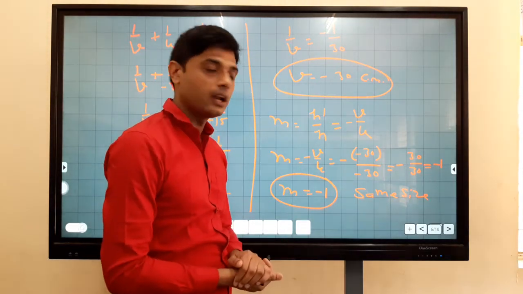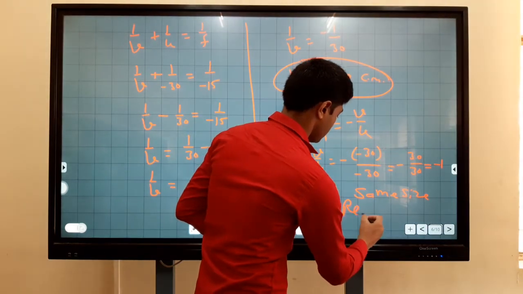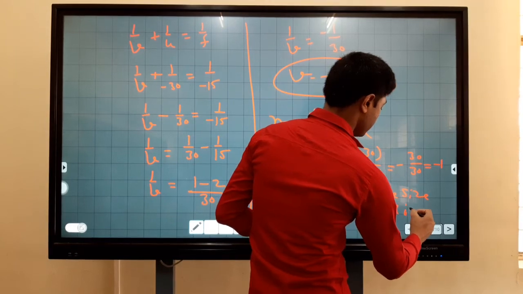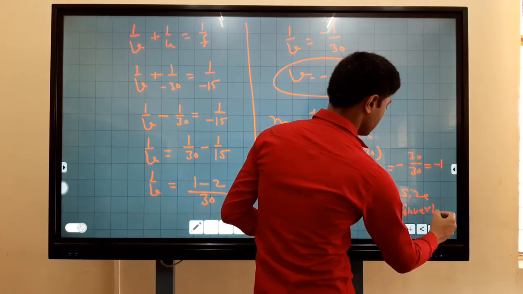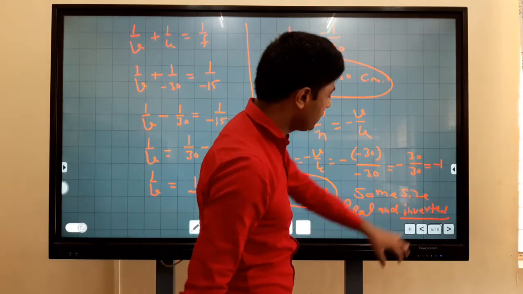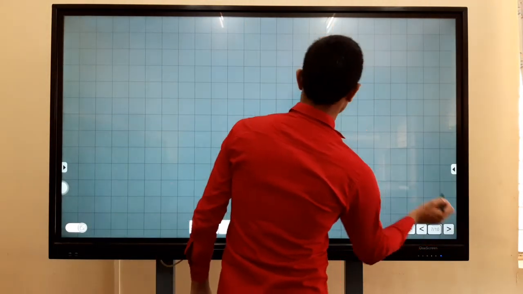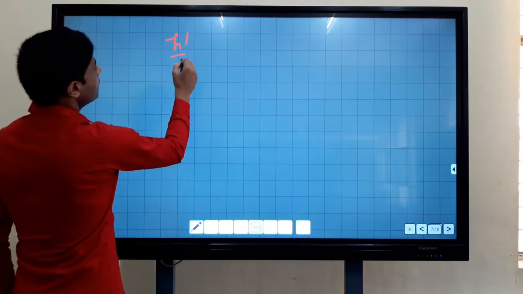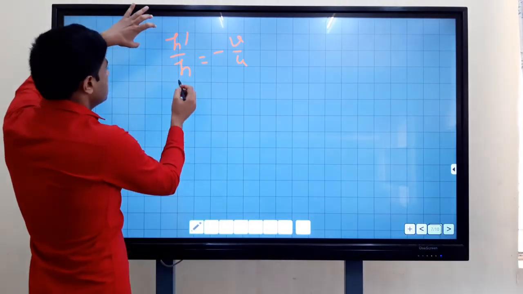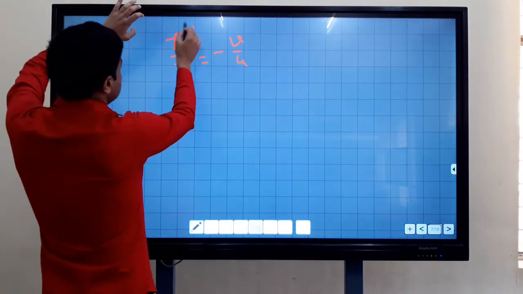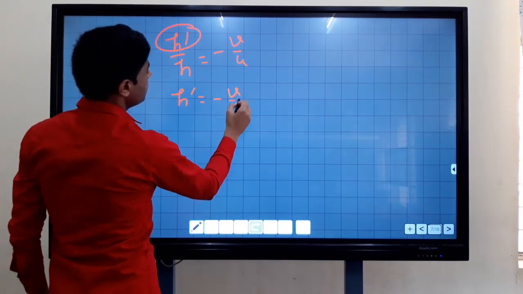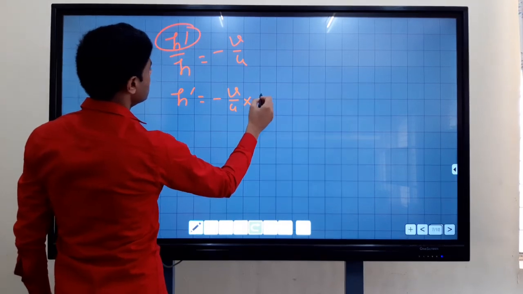means it is real and inverted. We can prove inverted because, as you know, h dash upon h equal to minus v upon u, or the value of h dash equal to minus v upon u into h.